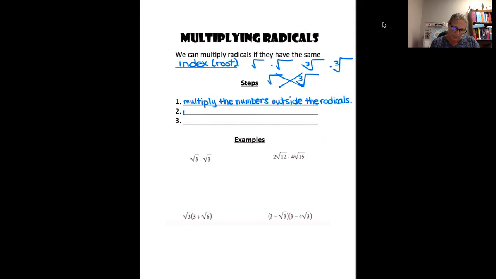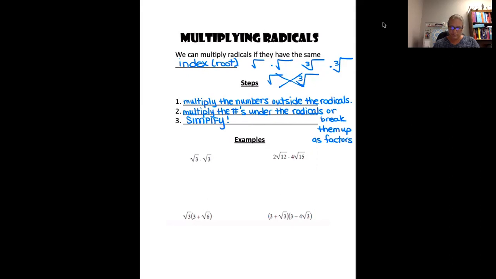You are going to multiply the numbers under the radicals or break them up as factors. And the last thing that you are going to do, very important, is simplify.